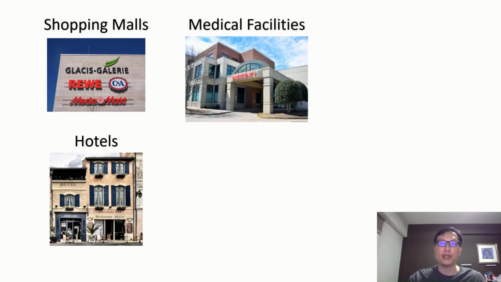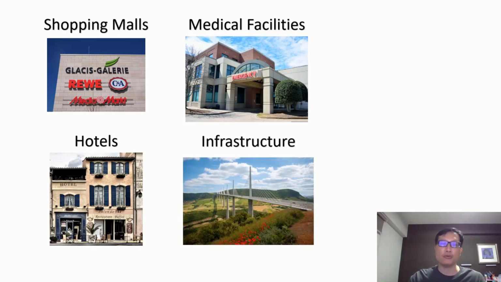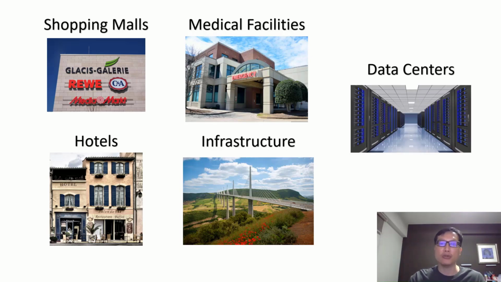A medical REIT can own medical facilities such as hospitals, clinics, or even hospices. Infrastructure can also be attractive to REITs because of the tolls and fees that can be collected, and infrastructure is generally seen as essential. So in the modern data-driven world, data center REITs are also becoming quite common.